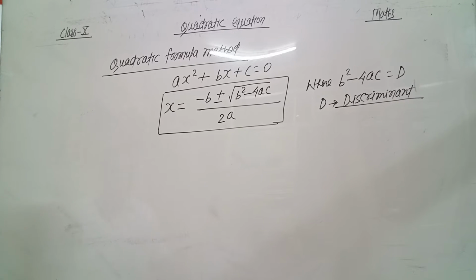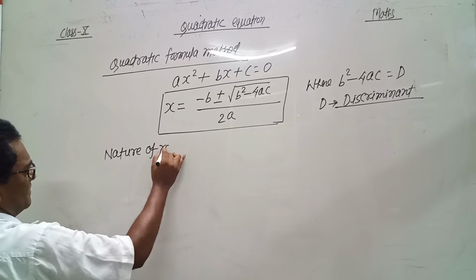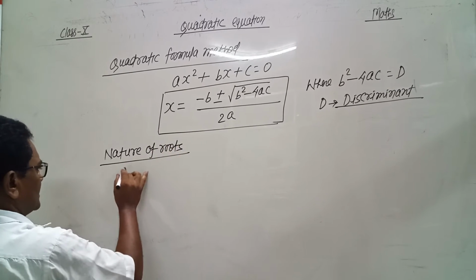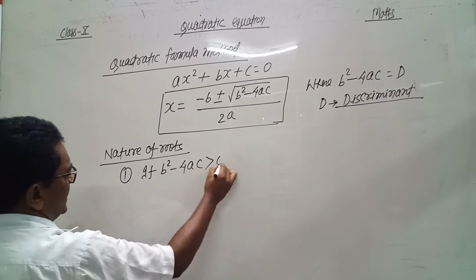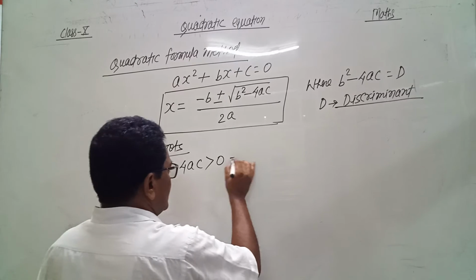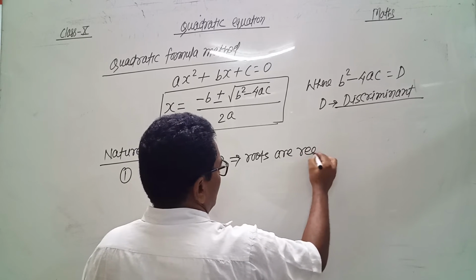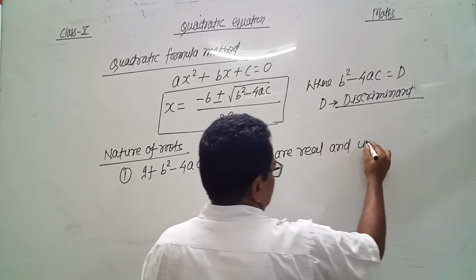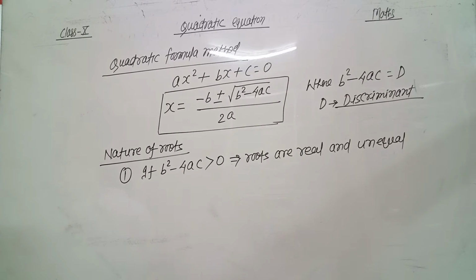Now, nature of roots of quadratic equation. The first is, if b square minus 4ac is greater than 0, this implies roots are real and unequal.